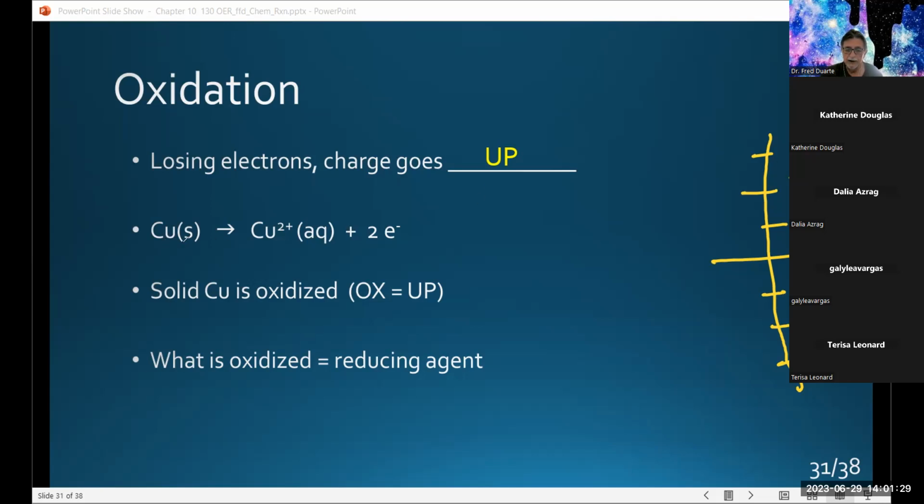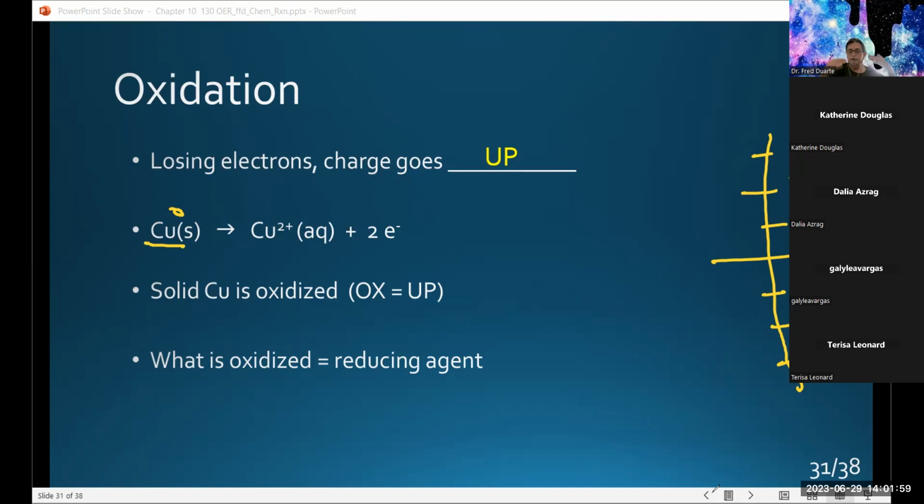So in this case, we have copper, which has a 0 oxidation number. It's a metal. It will lose electrons, either 1 or 2. In this case, we're showing it can lose 2. So copper is oxidized. Its charge goes up.